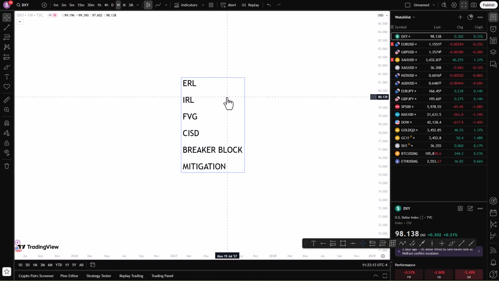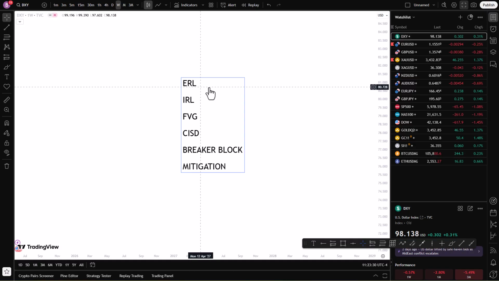So these are the terms, or these are the concepts I will be using when conducting my top-down analysis. I will be using these terms frequently.